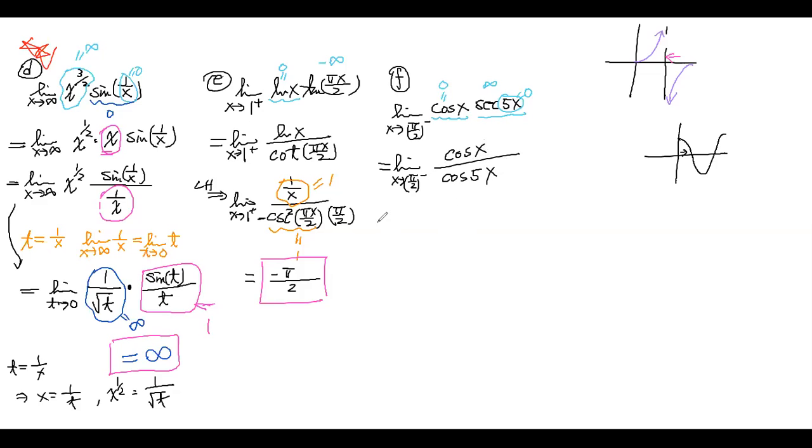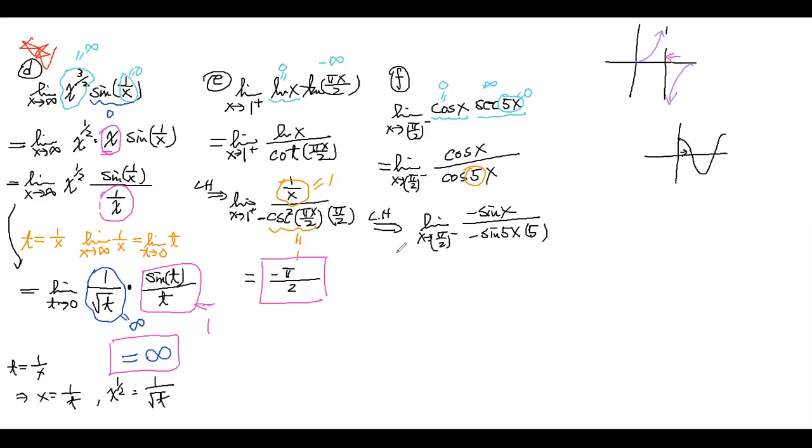Now I can use L'Hopital's rule. The limit as x approaches pi over 2 from the left-hand side. The derivative of cosine x is negative sine x, and the derivative of cosine 5x is negative sine 5x. Don't forget the chain rule, so you have a 5 here.